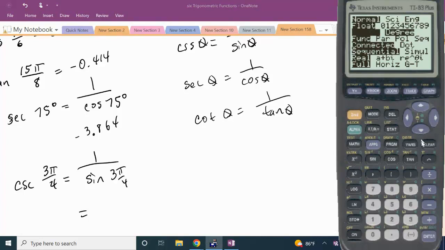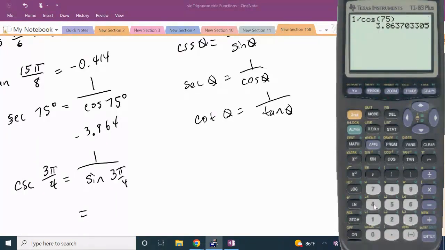I want to make sure that I am in radian mode. Now I'm going to lock that in with enter. I'm going to put in 1 divided by the sine of 3 pi divided by 4, and we have 1.414.